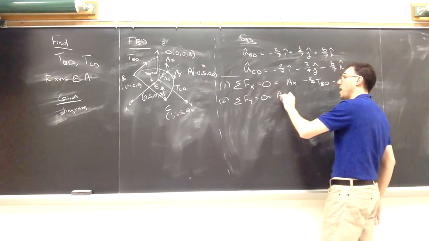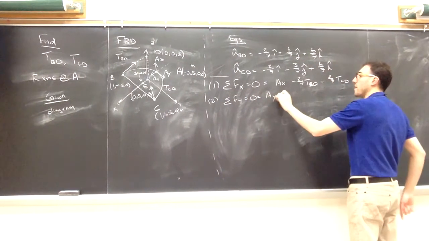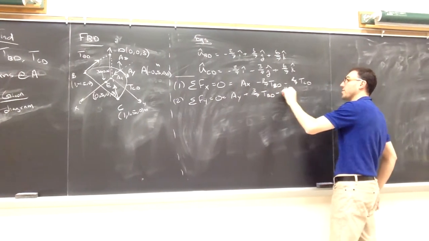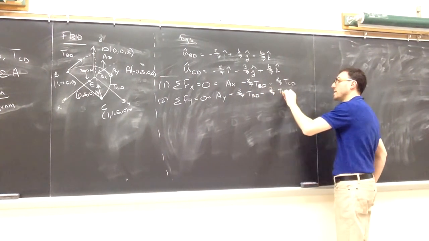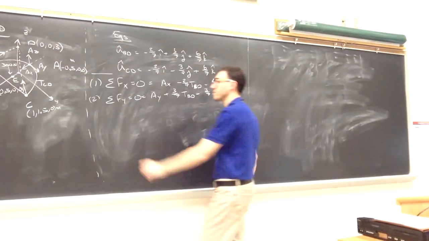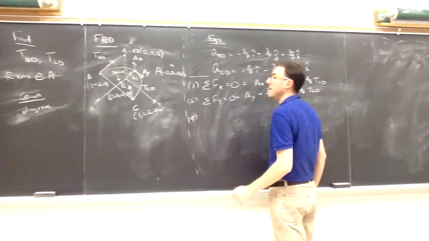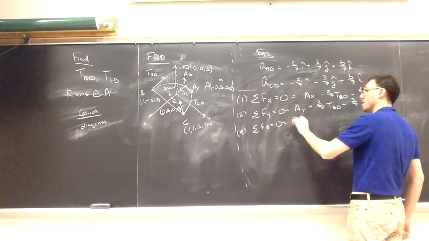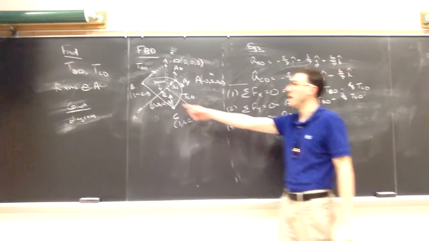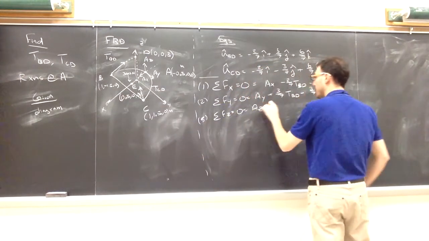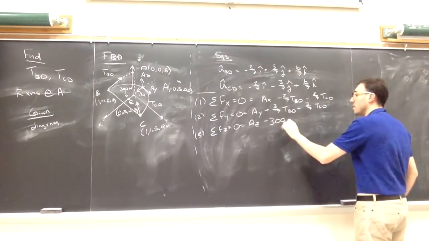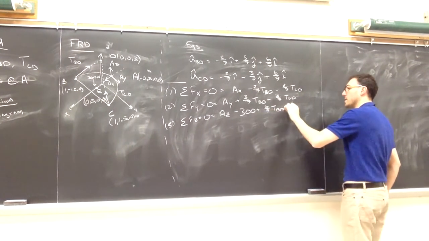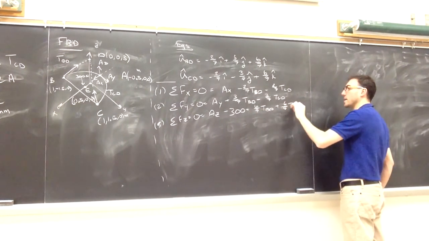I have AY in the Y, 3/7 TBD minus 3/7 TCD. And in the Z, AZ, I have my applied 300 Newton force in the negative Z direction, plus 6/7 TBD, plus 6/7 TCD.